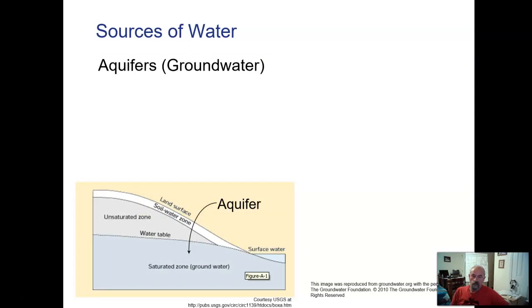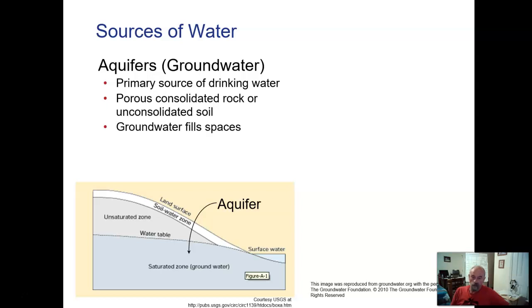Different sources of water: aquifers or groundwater, which is the water table. Here they're showing a saturated zone of groundwater. Without this, a well pump will not work. It has to reach down to the saturated zone.